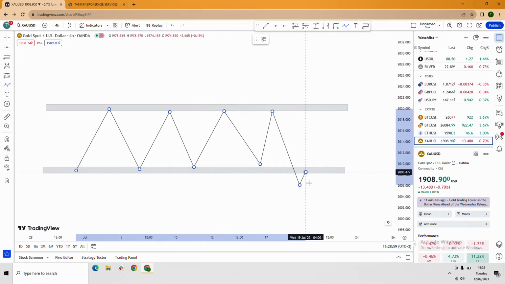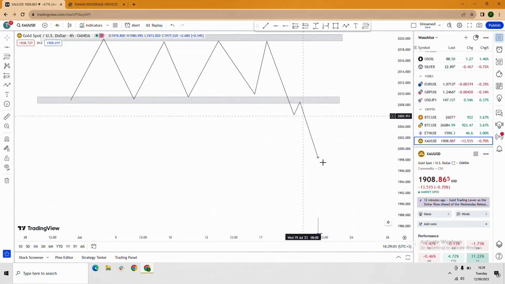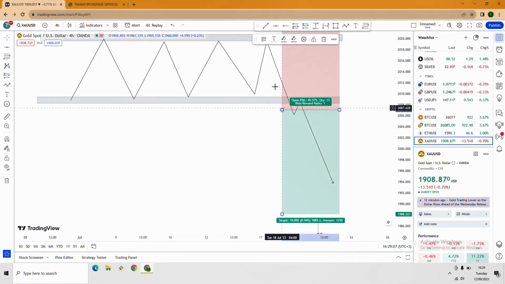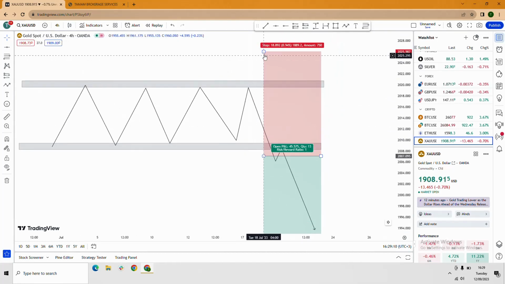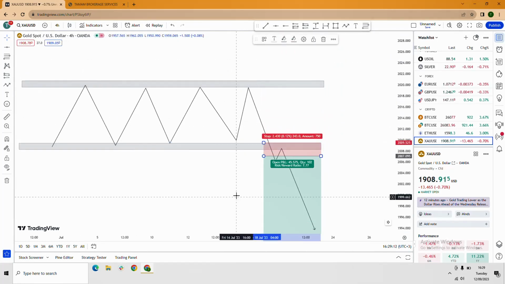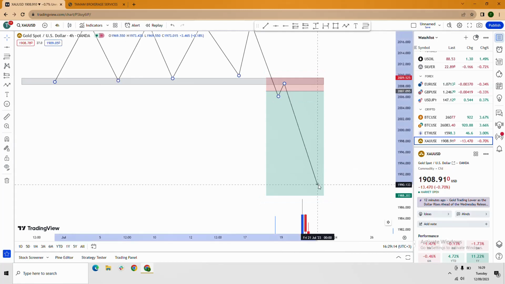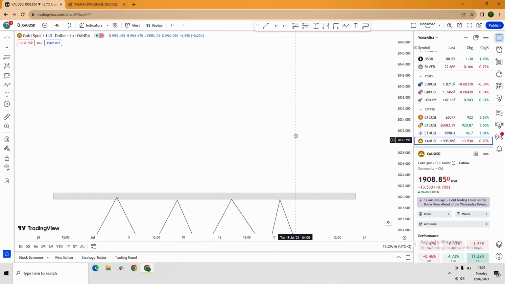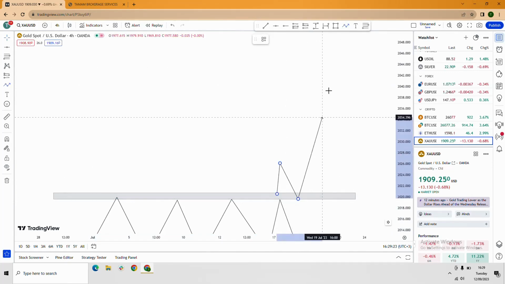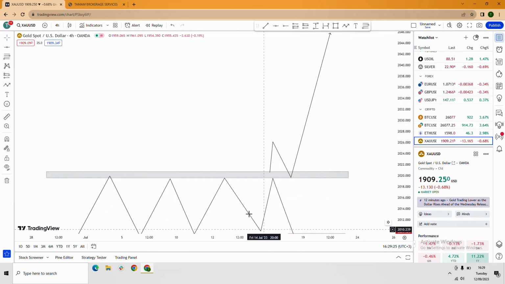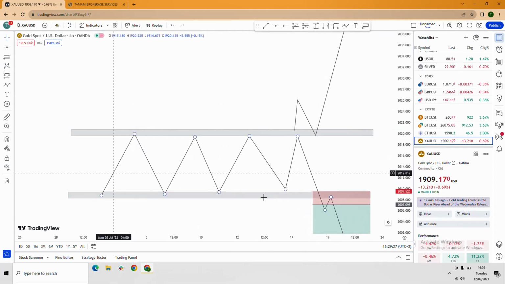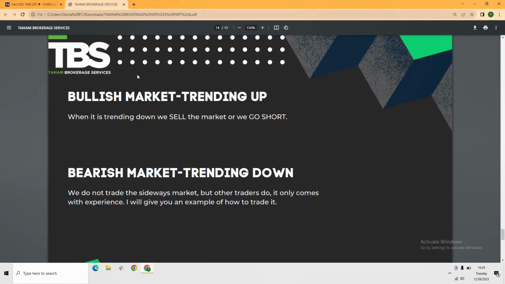But in most cases, what we want are the impulsive moves, the moves that have a potential to give us a higher reward or more profit. So we'll be taking this trade over to the downside. Similarly, if we have a trade that moves to the upside, those are the moves we want, as opposed to the moves that are always going to be ranging with this sort of price.